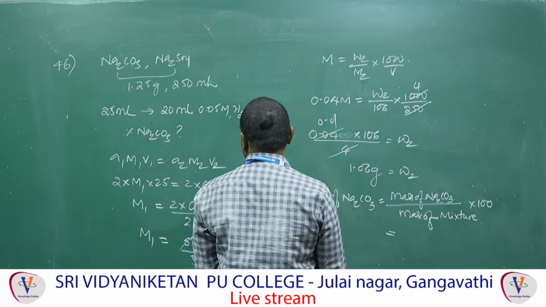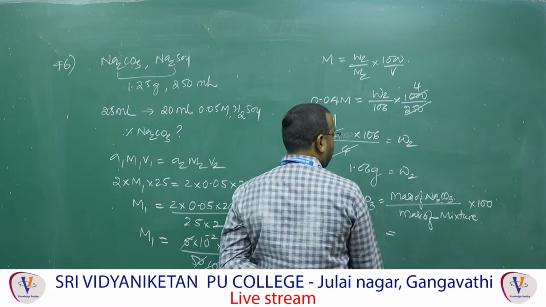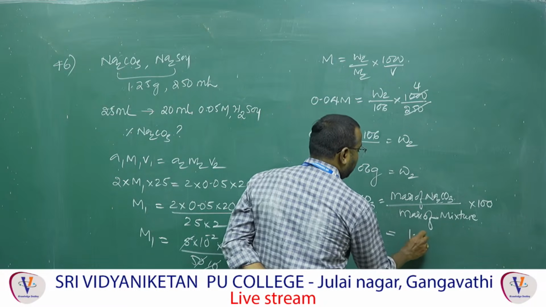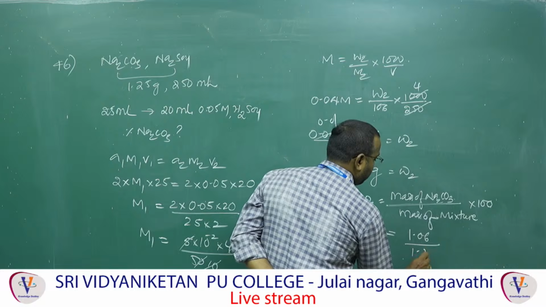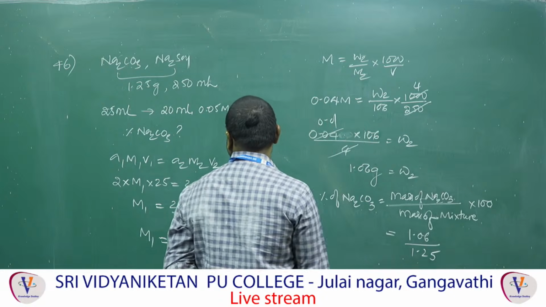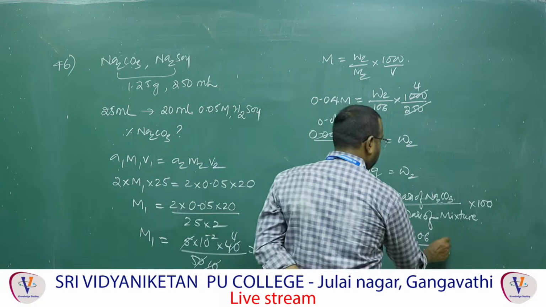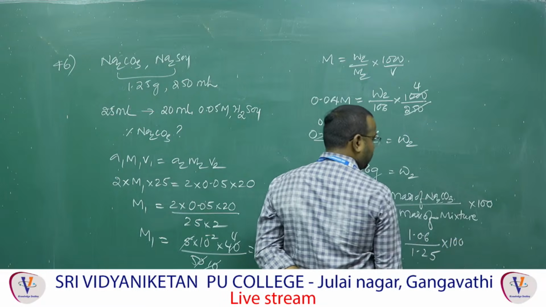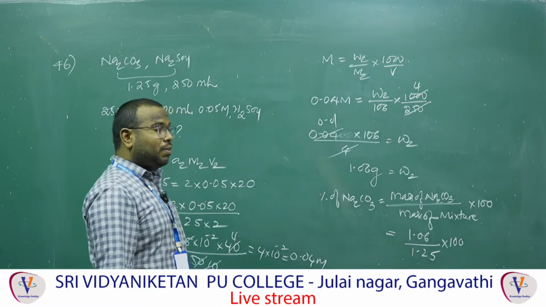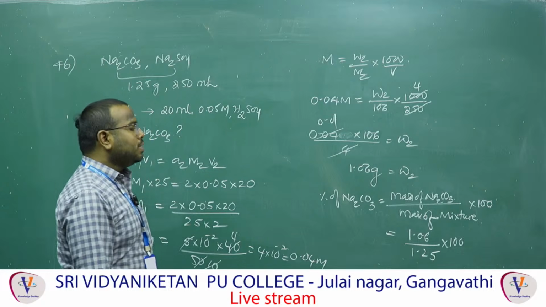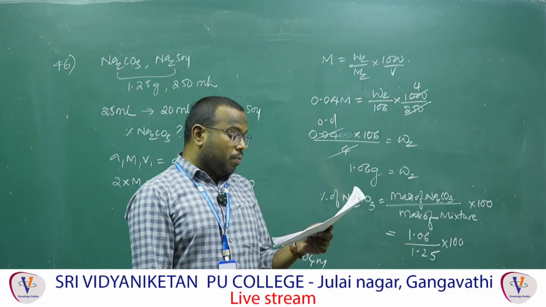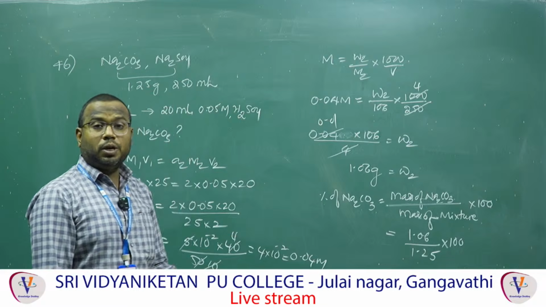Mass of sodium carbonate is 1.06, so 1.06 divided by 1.25 into 100. If we simplify that, we get approximately 84.8%, which is option number 1.